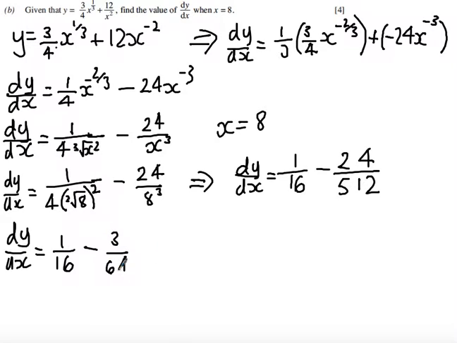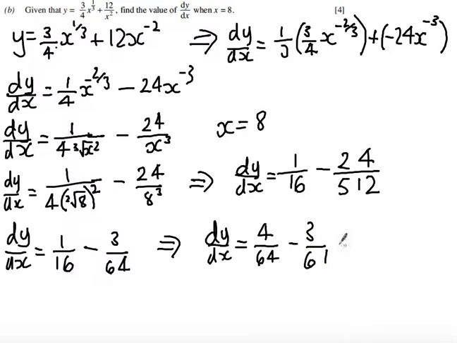And now I just want equivalent fractions. So for dy by dx I multiply the first fraction, top and bottom, by 4 to get it over 64ths. So I get 4 over 64 minus 3 over 64, which gives us an answer of 1 over 64.